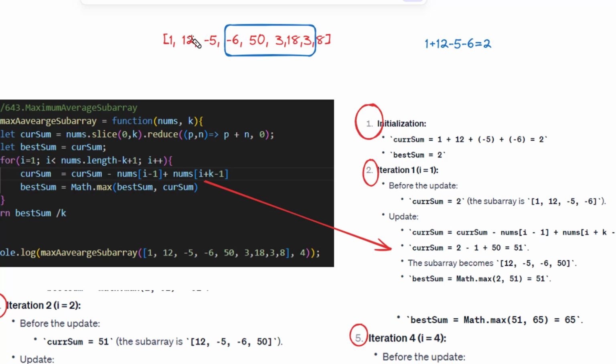So what is in the 0 position? 1. And second, nums[i + k - 1] means 1 plus 4 minus 1, which is 4. So what is in the fourth position? 0, 1, 2, 3, 4. So it will minus 1 and plus 50. You see, that is happening over here. So 2 is coming from the previous current sum, and it will minus 1 and plus 50. It will become 51.